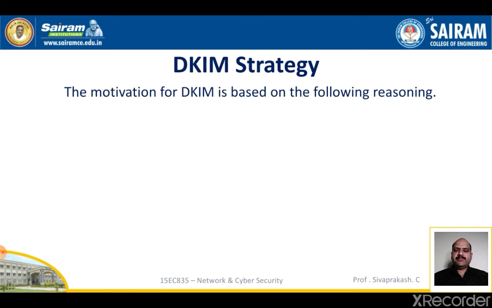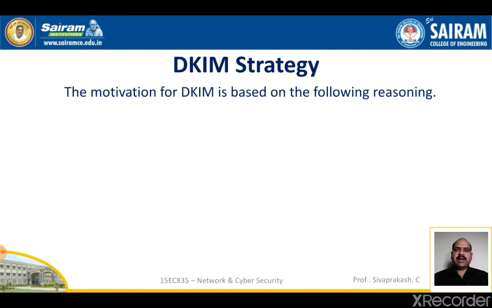DKIM strategy. DKIM is designed to provide an email authentication technique that is transparent to the end user. In essence, a user's email message is signed by a private key of the administrative domain from which the email originated. The signature covers all of the content of the message and some of the RFC 5322 message headers.